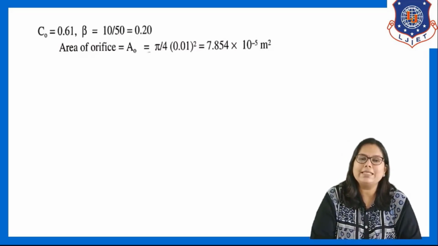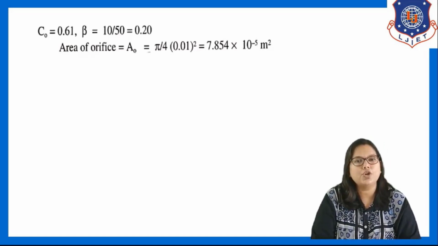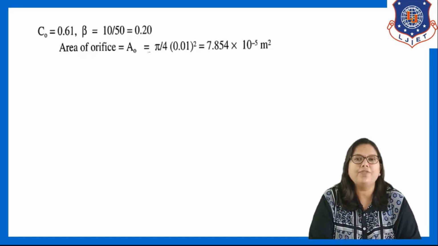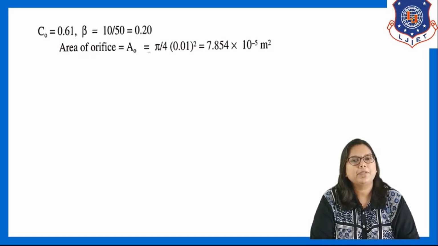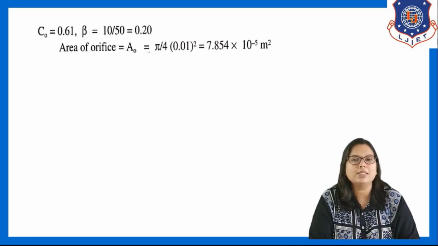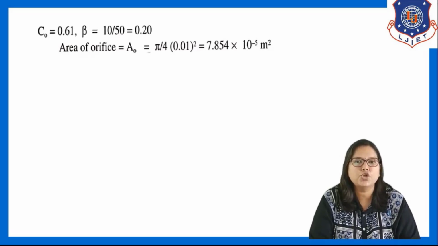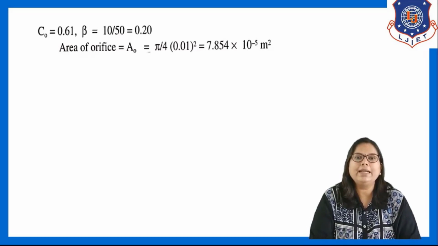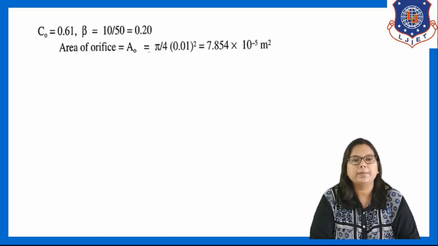So now I can easily calculate area of orifice A0, which equals pi by 4 d0 square. So pi by 4, 0.01 square. When you solve this, you will get A0 equals 7.854 into 10 raised to minus 5 meter square.